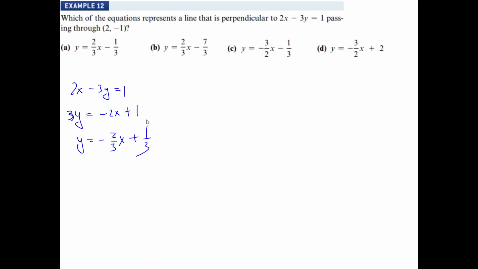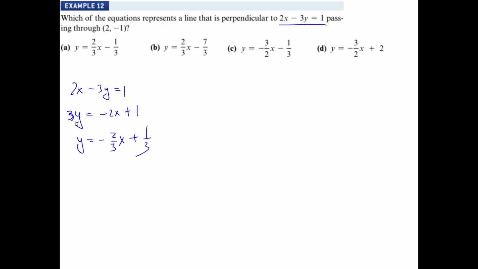So did we do a good job? No? Why? We didn't find the slope. We didn't find the slope here? What do you mean? It is minus 2 over 3. Well, we divided by 3. So I solve for y, this function.